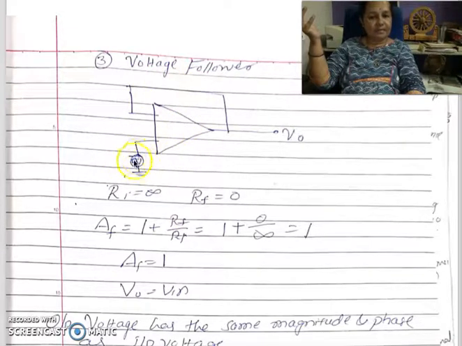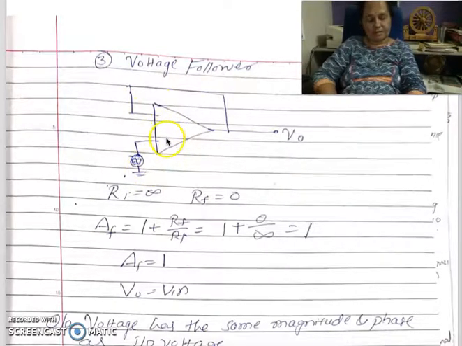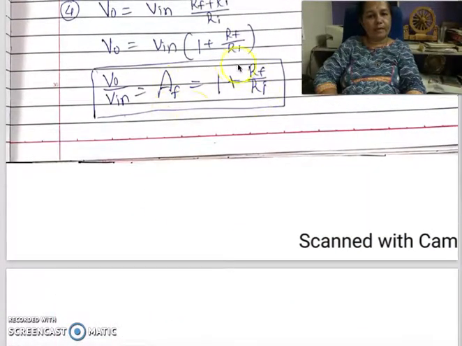Vin is given here. This is Vin given to the positive marked terminal, which we refer to as the non-inverting terminal. Since this is the non-inverting amplifier configuration, how is AF expressed? We already remember that the expression for AF in non-inverting mode is 1 plus RF by Ri.